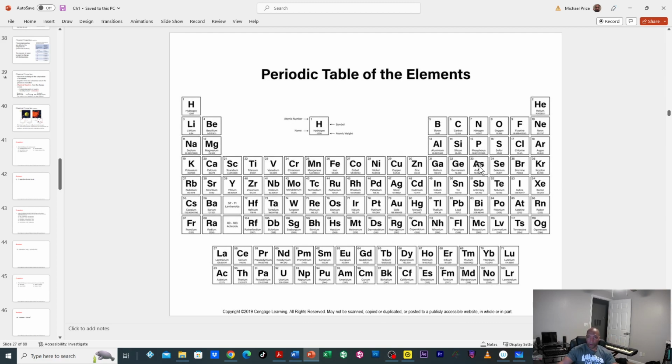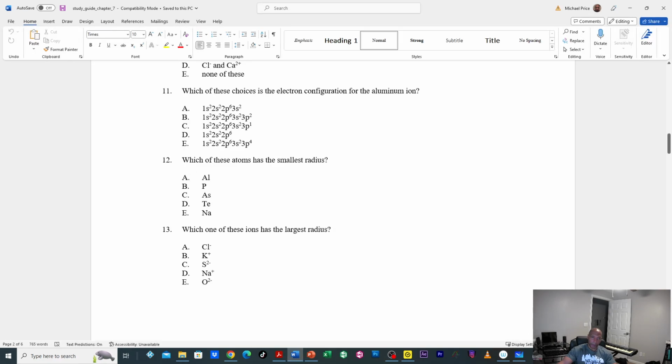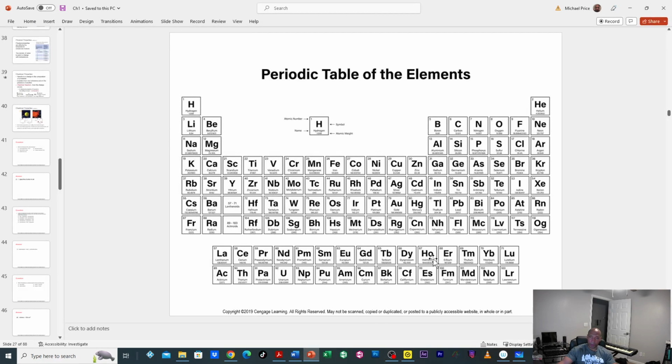Since they want to know which one has the smallest radius, now I get to compare phosphorus to arsenic. Since arsenic is in the same group as phosphorus, they're both pnictogens. That's the name of that group, by the way. Arsenic is lower, so arsenic would be bigger, so phosphorus would be smaller.